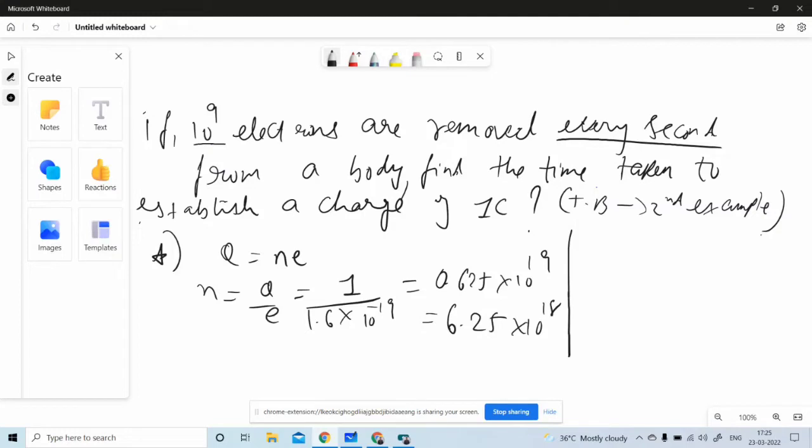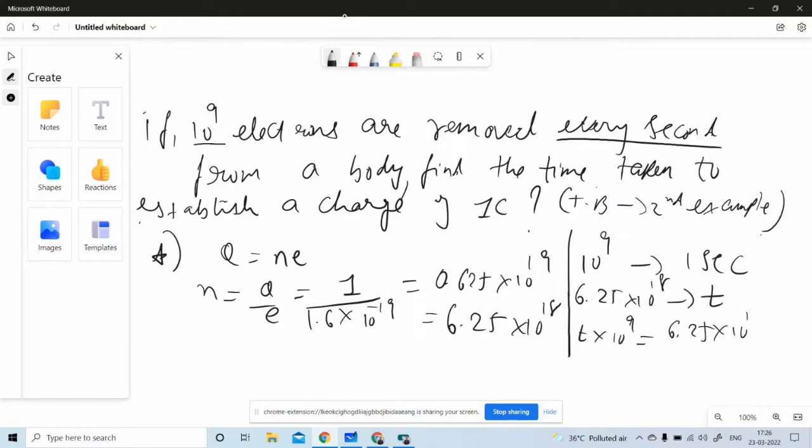Now, if 10 raised to 9 electrons are removed in 1 second, then in order to remove 6.25 into 10 raised to 18 electrons, let the time taken be T. Cross multiply: T into 10 raised to 9 equals 6.25 into 10 raised to 18. From this we'll be able to calculate the time. This will be the time taken to establish a charge of 1 coulomb.